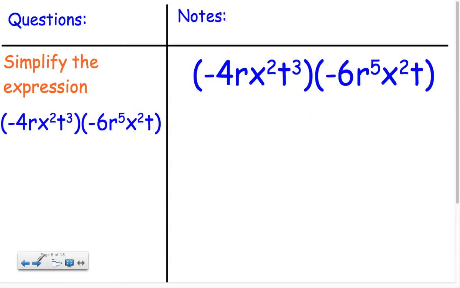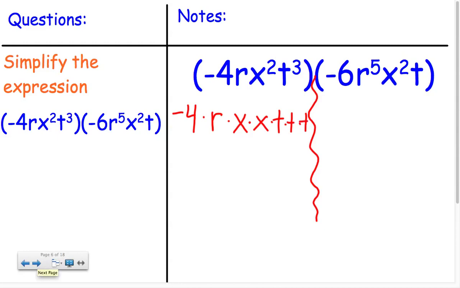All right, now we get a little bit bigger here. We have 3 exponents rather than 2, but we'll still do the exact same thing. -4, 1r, 2 x's, 3 t's. And then -6, 5 r's, 2 x's, and a t.